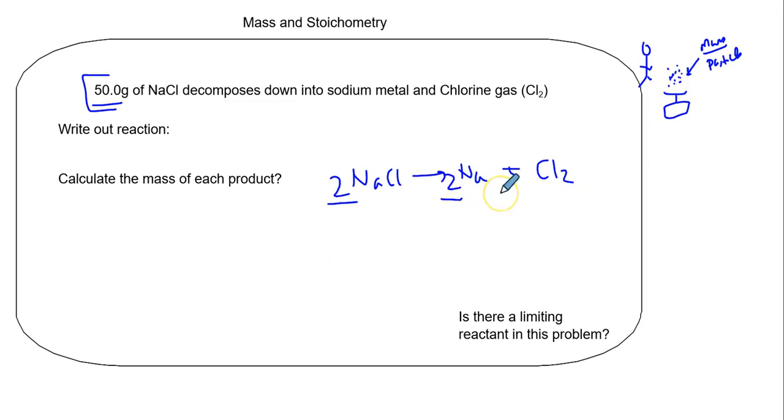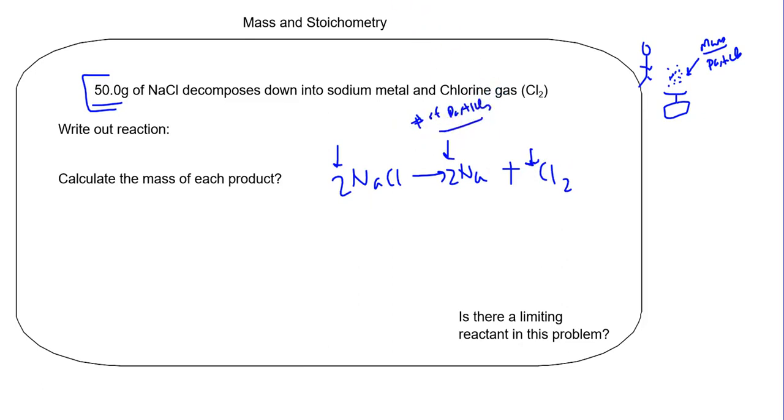So we'd have 2 NaCl going to 2 Na plus Cl2: 2 Nas, 2 Cls, 2 Nas, 2 Cls. These numbers here and here and here represent the number of particles.